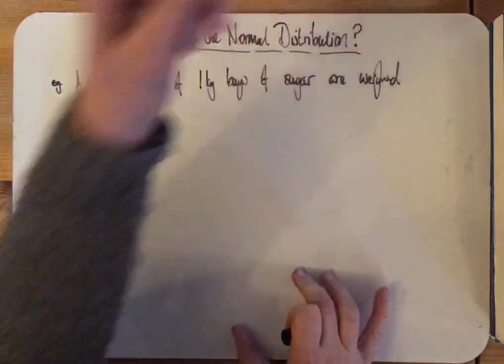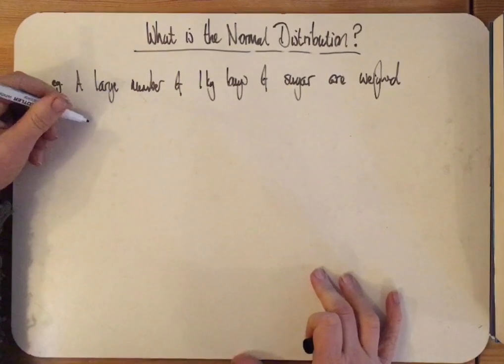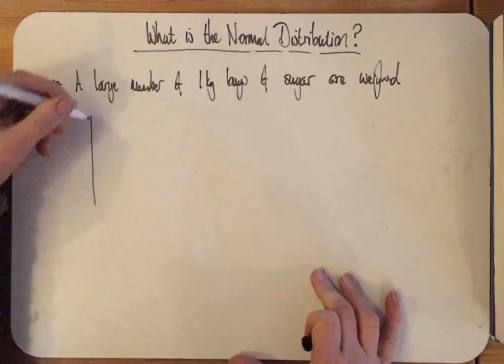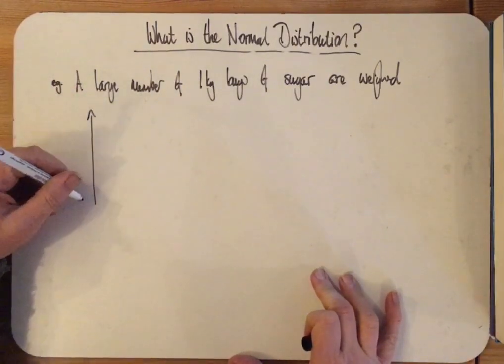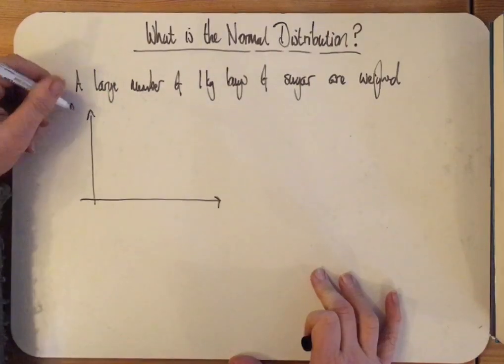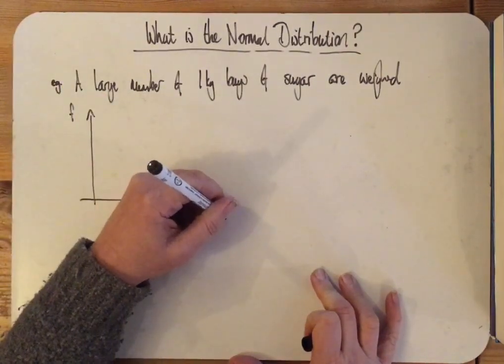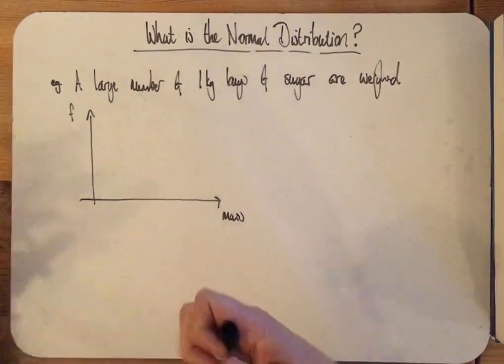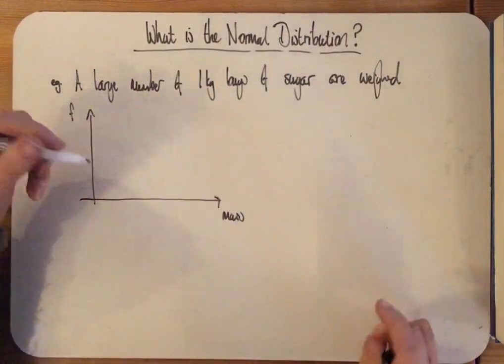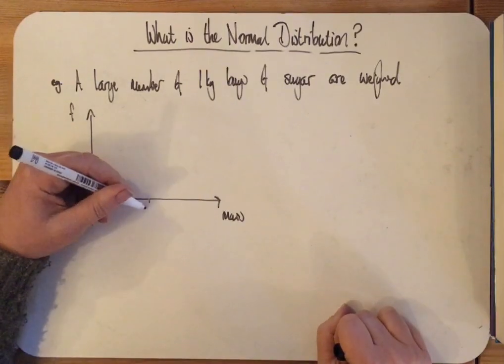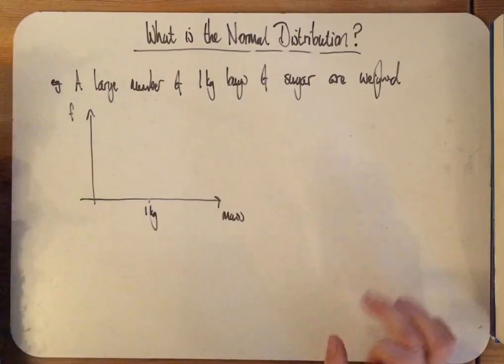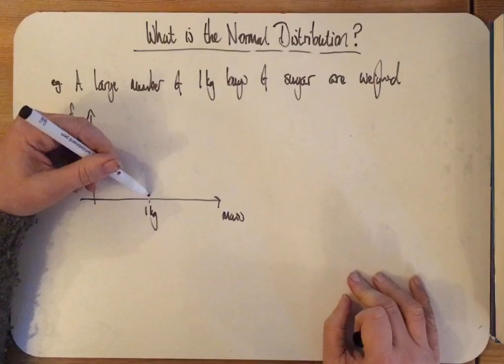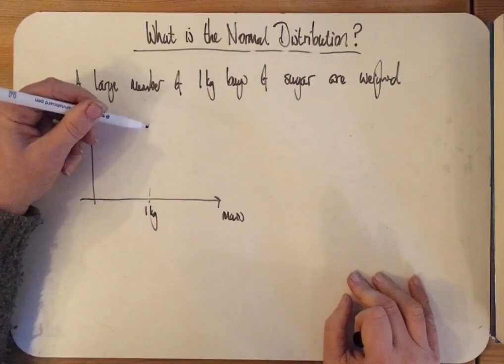So if you're weighing out a kilogram, then we can draw a graph of the frequency against the mass. And you're in a bit of a rush, you're weighing up lots of bags of sugar. Most of them you'd expect to weigh a kilogram, so that's going to have a high frequency.